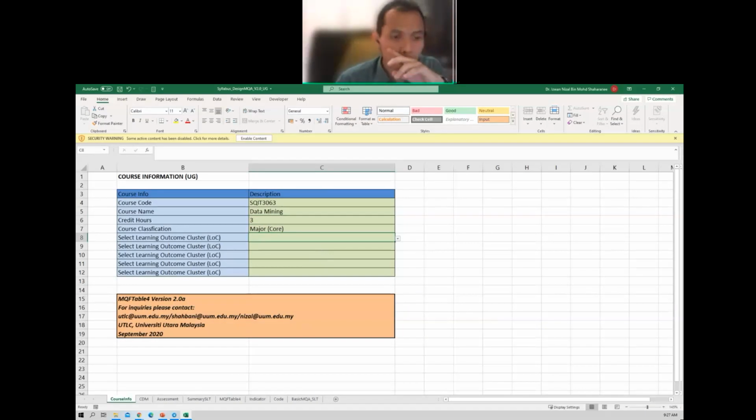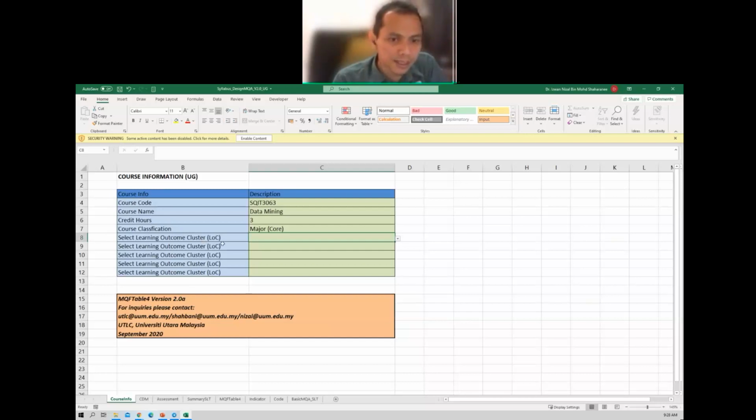What you need to do now is, based on your program blueprint, you need to know what the learning outcome clusters are. Previously it was known as LOD, learning outcome domain. Currently, due to MQF 2.0, we moved to learning outcome cluster.